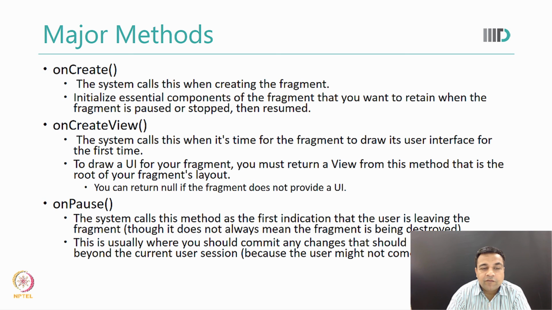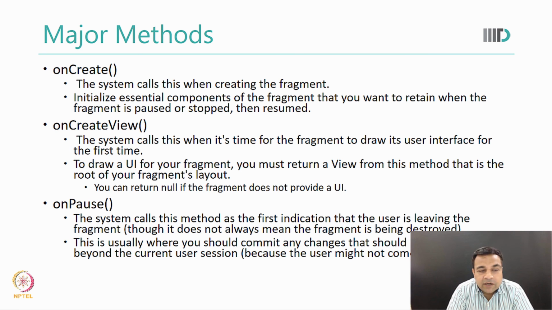This is called when it is time for the fragment to draw its user interface for the first time. To draw a UI for your fragment, you must return a view from this method that is the root of your fragment's layout. Later we will see through a program how we do this. Please note that a fragment need not always provide a UI. In that case, you can return null.